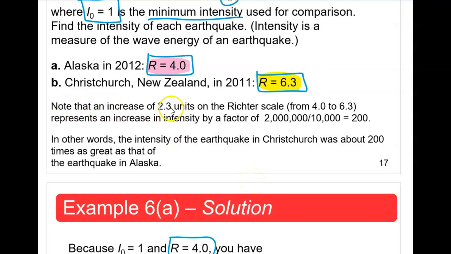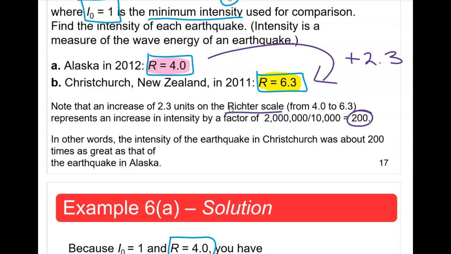Note that from one earthquake to the other, there was an increase of 2.3 units on the Richter scale, from 4 to 6.3, and that represents an increase in intensity by a factor of about 200. So it felt 200 times more intense.